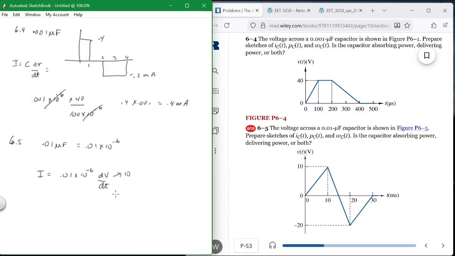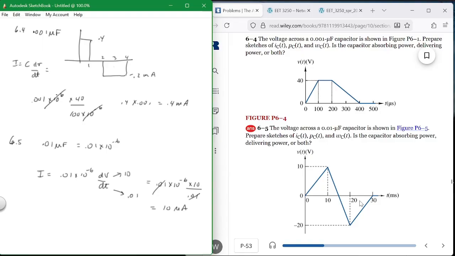The dt is what? In seconds, it's 0.01. So I is 0.01 times 10 to the minus 6 times 10 divided by 0.01. The 0.01s go away, and it is 10 microamps in that range. And I'm not going to do the rest of these for you because you can do them.